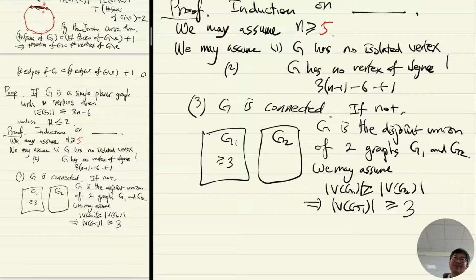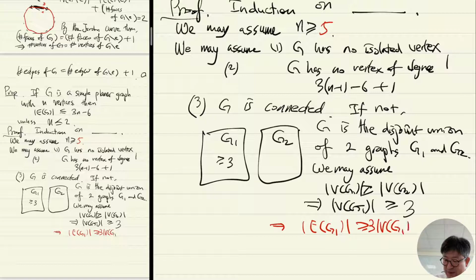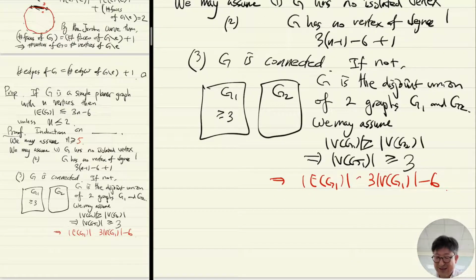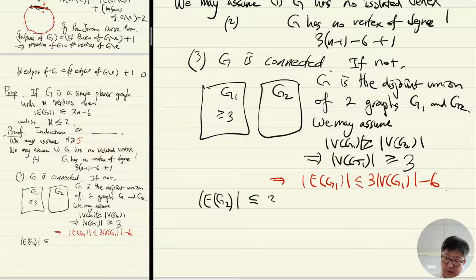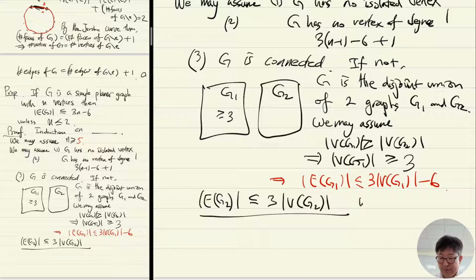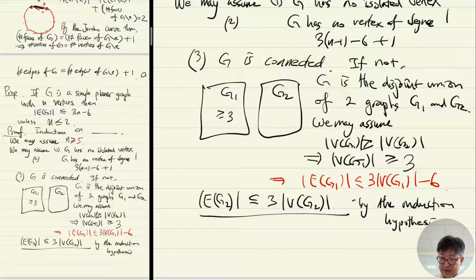Why do I care? Because I can then apply induction hypothesis. So E of G1 is at most 3 times number of vertices of G1 minus 6. What about G2? I can say this by the induction hypothesis. So I can say both of them. Why?